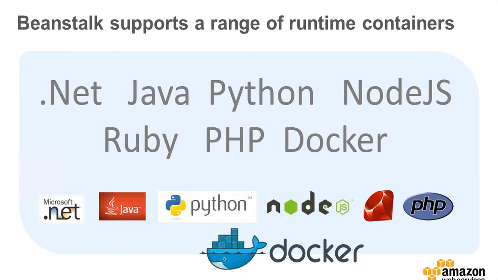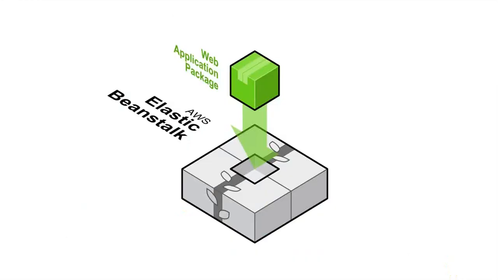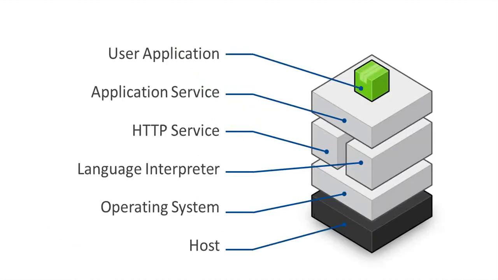The idea here is that you would take a packaged application, quite often zipped up in a zip configuration, and what we do is we provide you with a host environment, which is a virtual instance, and we would then provide you with the operating system, a language interpreter, and the web server itself.